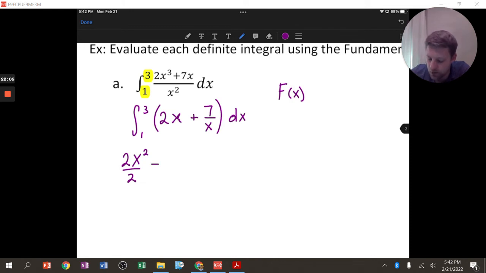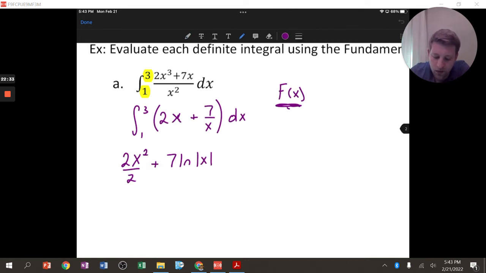And then we can say that the second portion is just going to be 7, and then 1 over x itself is just going to be the natural log of absolute value x. Now that we have our antiderivative here, I'm going to leave off that plus c because we actually don't need it when we're considering these definite integrals. So this is really the capital F function that we have right here.